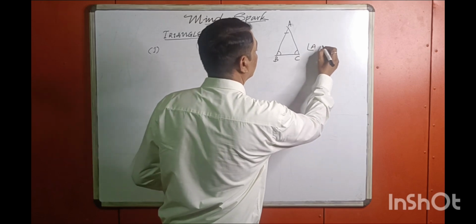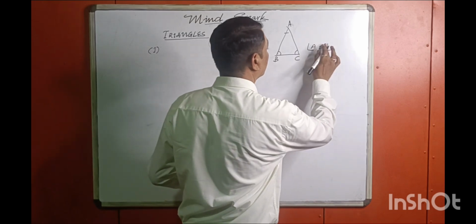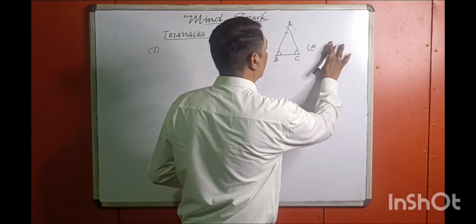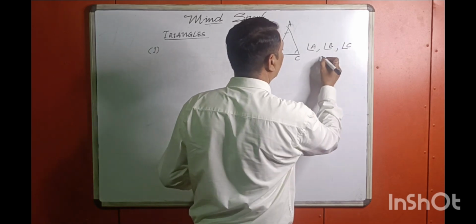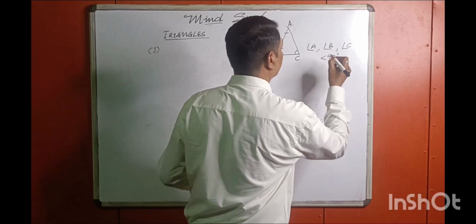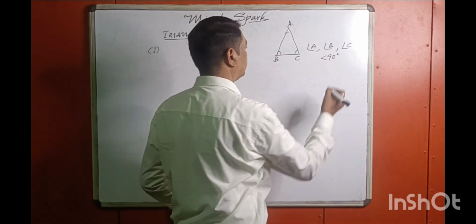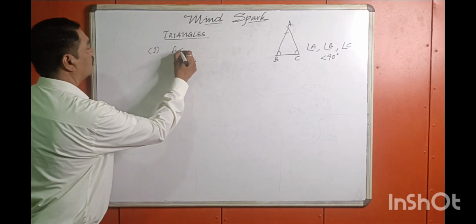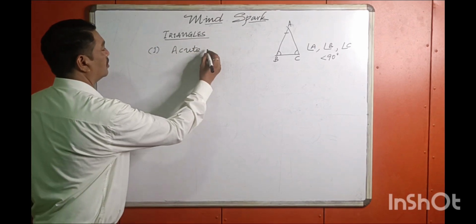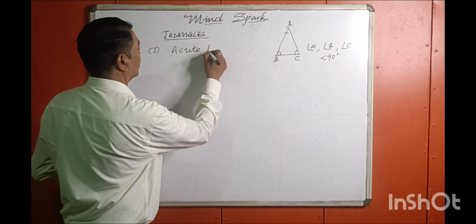Angle A, angle B, angle C, all are less than 90 degrees. That is, the first one is the acute triangle.